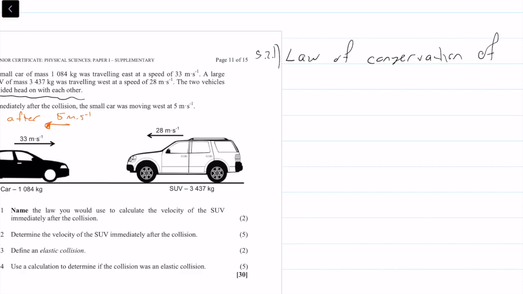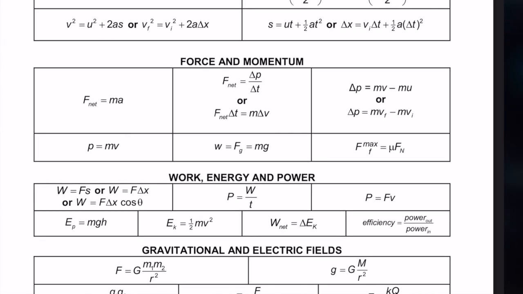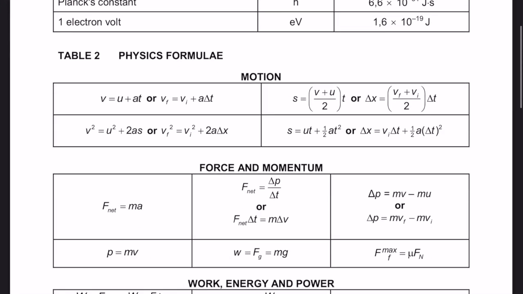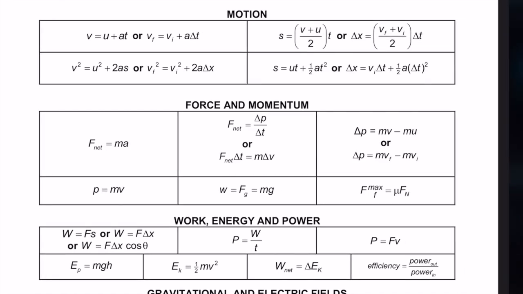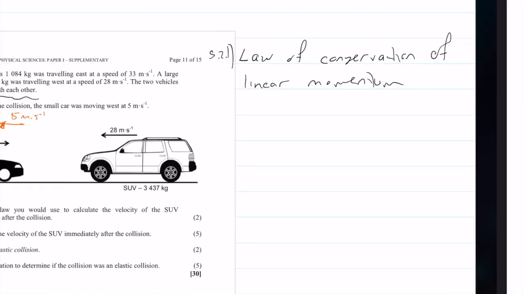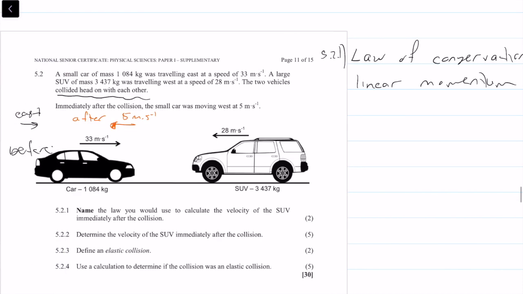Okay, and the reason is, if we go to our formula sheet once again, it's not here directly, but if we look at force and momentum, it would be the third equation in the first column. Change in P equals mv minus mu. So indirectly that is what I'm referring to. Okay, and we get 2 marks.